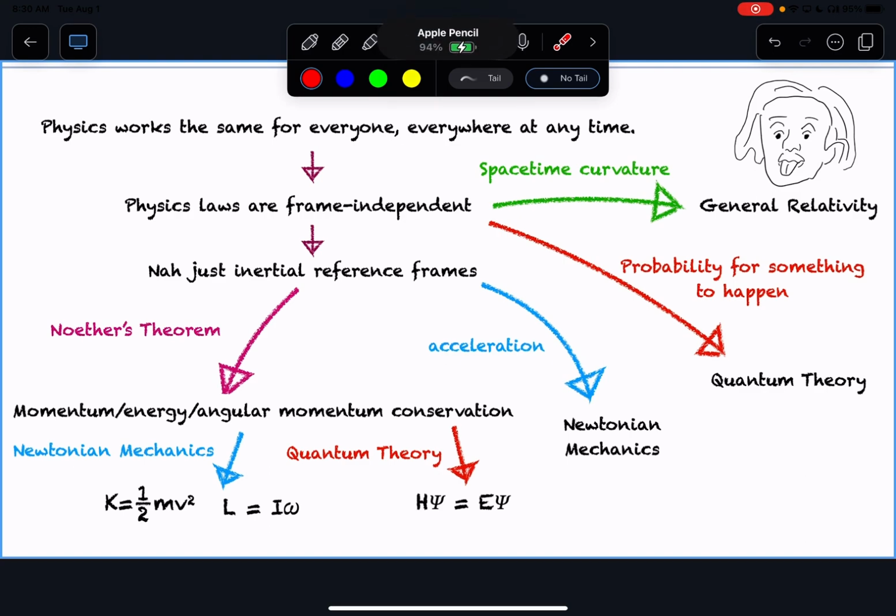When you are standing here doing your experiment, and you are standing here doing your experiment, the physics law will be the same. But if you are standing next to a black hole, the physics law you see will be different because the black hole is there. A black hole is about the spacetime itself, so the spacetime near the black hole is different from the spacetime here.